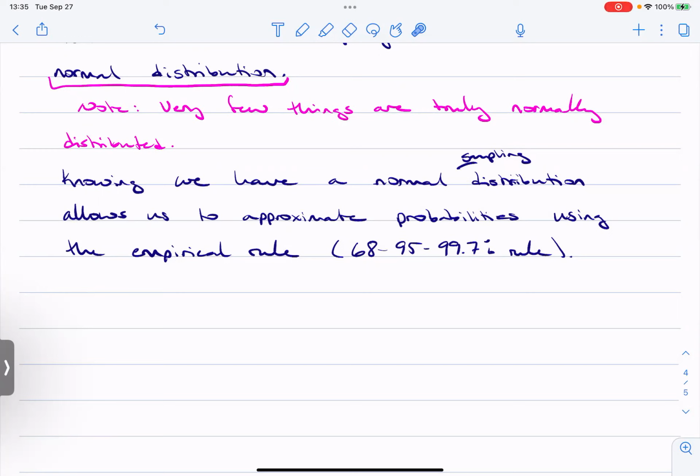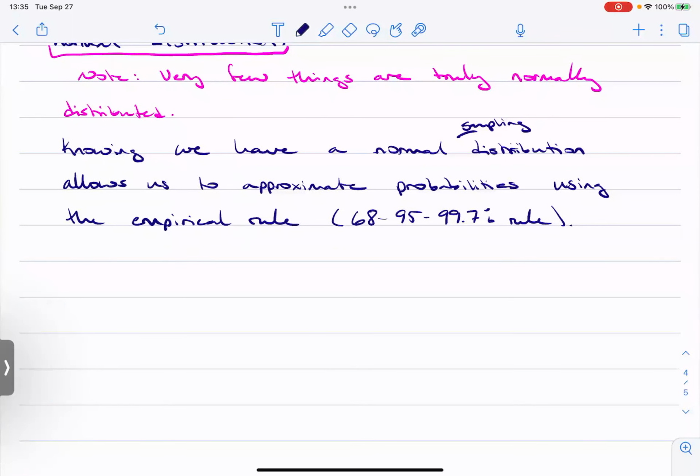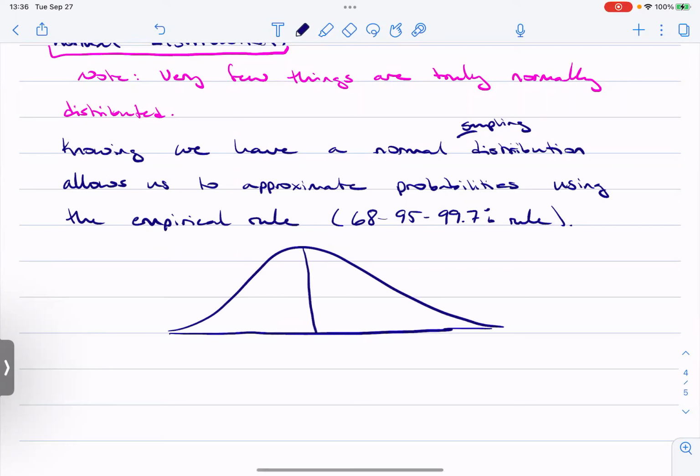So you can use these cutoffs and do quick approximations. We don't need to know exact values. Is it less than 68? Is it less than 95? Is it less than 99.7? Or I guess more than, but I'm thinking about the tails, those p-values. So the 68, 95, 99.7 rule might look something like this.